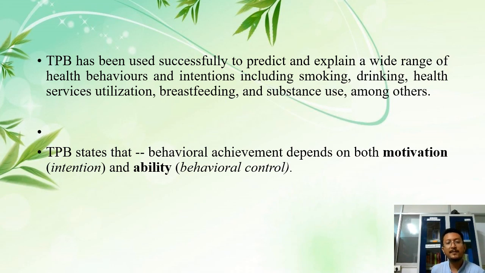Now this theory has been successfully used to predict and explain a wide range of health behaviors and intentions, including smoking, drinking, health services utilization, breastfeeding, substance use, etc. Just for a small example, teenagers, let's say, wouldn't smoke in a public place because they have this fear of getting caught by parents or any elderly persons.